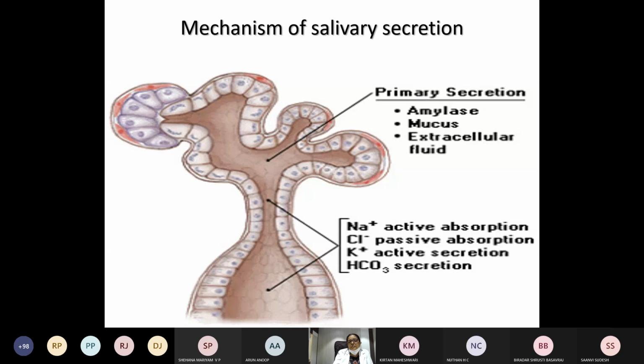This is a diagram of the mechanism of salivary secretion. Primary secretion and other: amylase, mucus, extracellular fluid, then sodium, active absorption, chloride, passive absorption, potassium, active secretion, bicarbonate secretion.